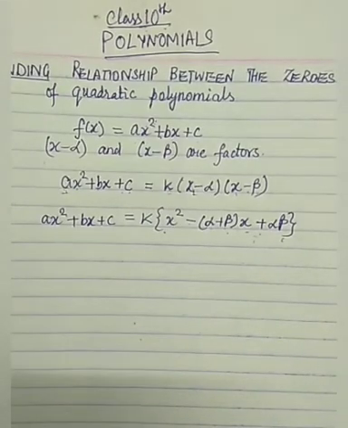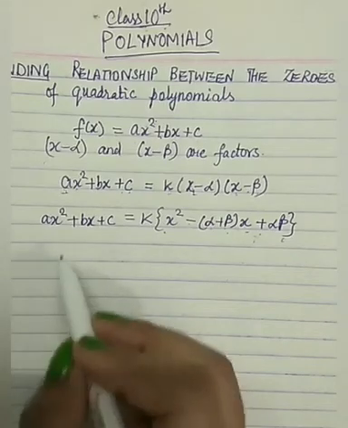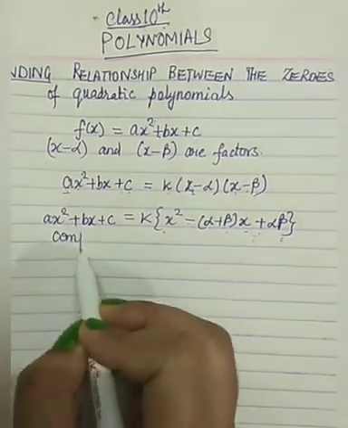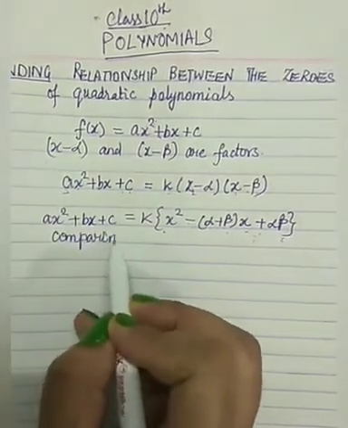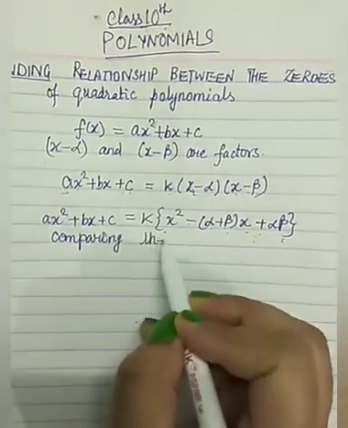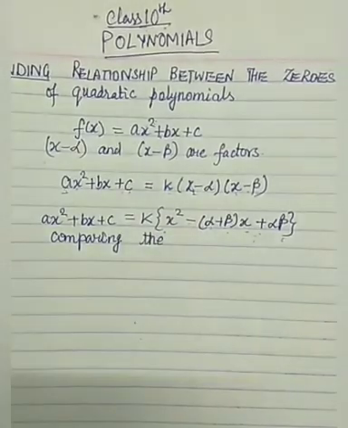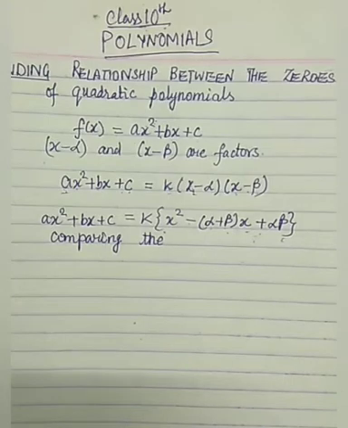Now I am going to open the bracket and compare the coefficients. Why am I doing this? Because we need to find the relationship between the zeros of the quadratic polynomial, which are alpha and beta, and the coefficients of this polynomial.